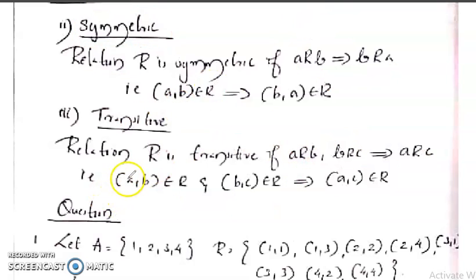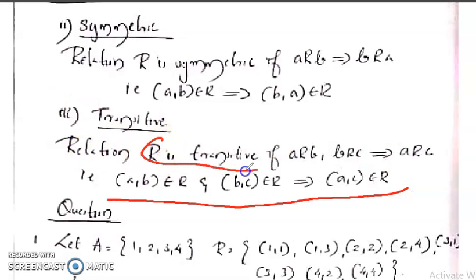That means A related to B, B related to C, then A will be related to C. That is, A comma C element of R. So this is transitive. If this condition exists, then we say R is transitive.